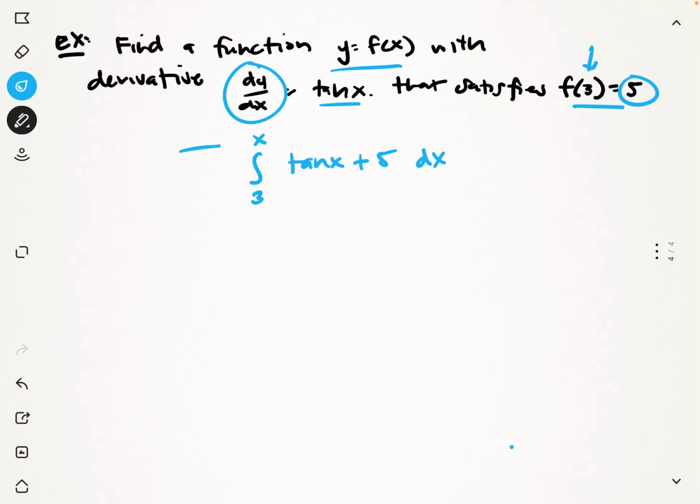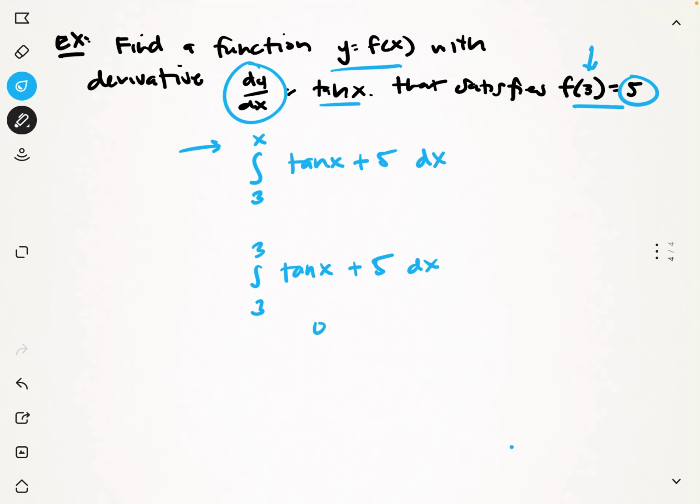Now, why this works under the fundamental theorem of calculus is because if I plug a 3 in here, we know that if our start and end points are the same, there's no area under the curve because there's no interval, right? The start and end point are the same place. So this whole thing right here is going to be 0.